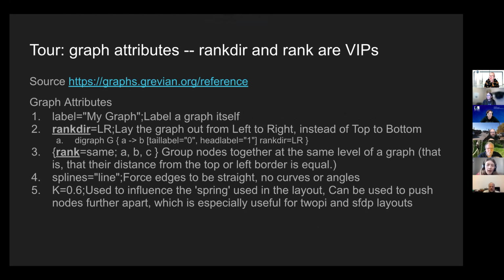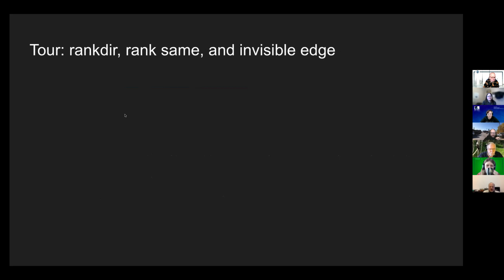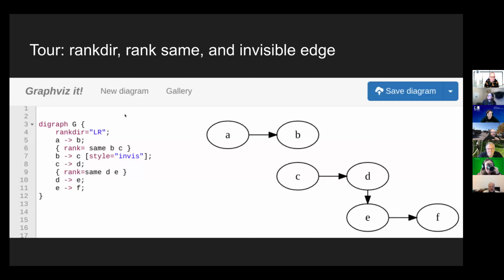So in item number 3 in this wall of text, you see that the rank is the same for nodes A, B, and C, and that'll group them together is what will happen. So here's an example of using both rank direction. We start off with the direction of left to right for A and B, and then we have rank the same for nodes B and C. And so notice how it's putting them in the same column here.